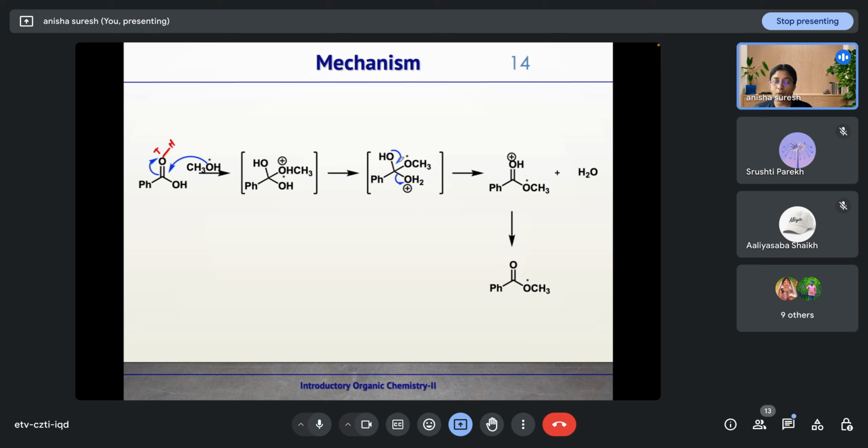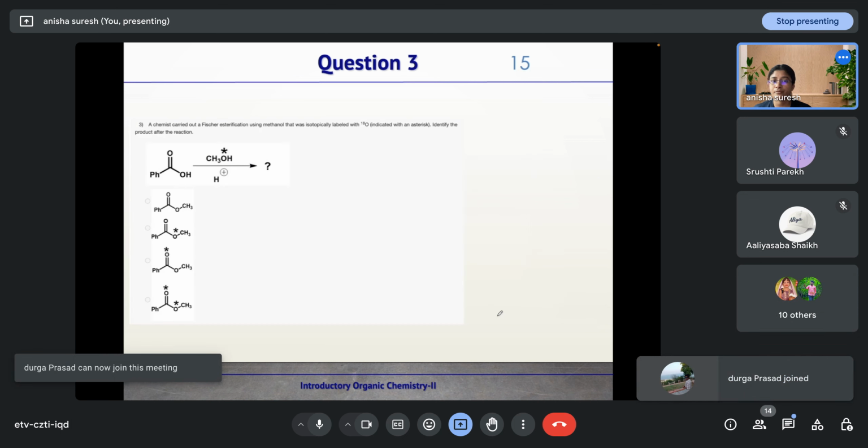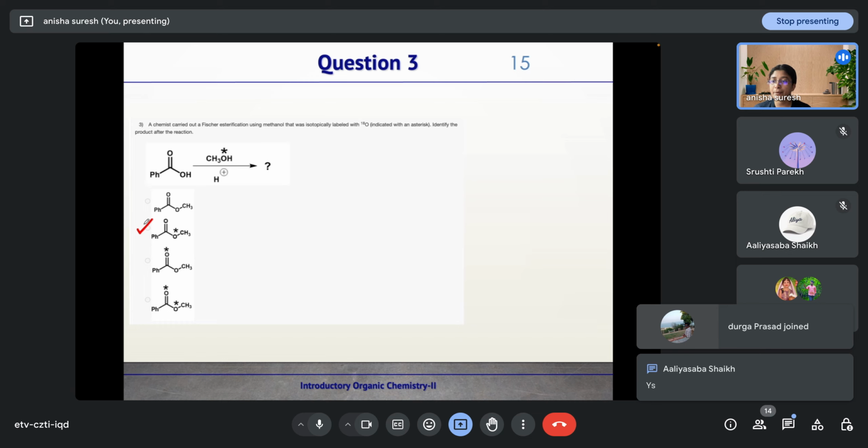Once this falls back, water will be removed and we will get this product, which upon deprotonation gives this major product. Clear? So as you told, this will be the major product that we will be obtaining.